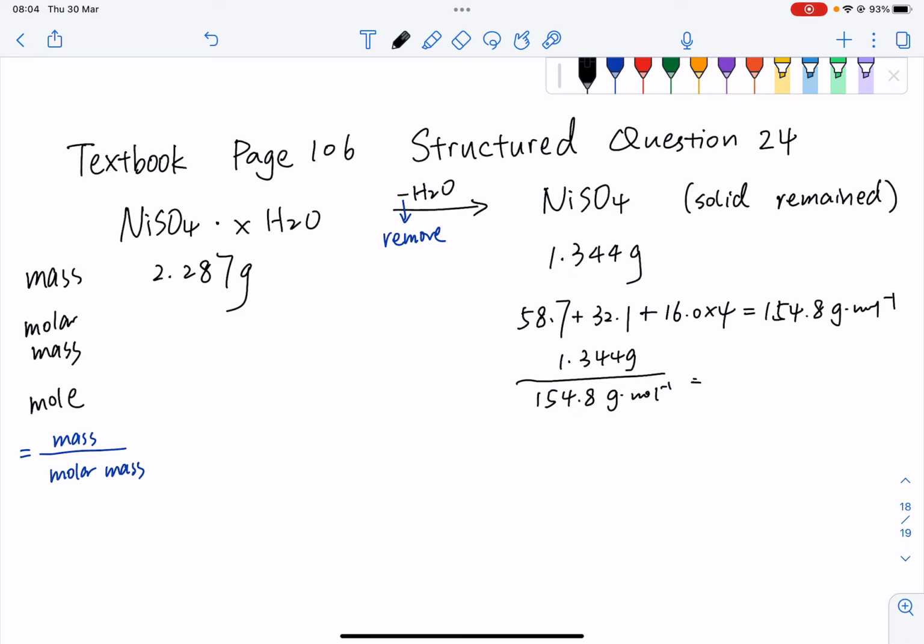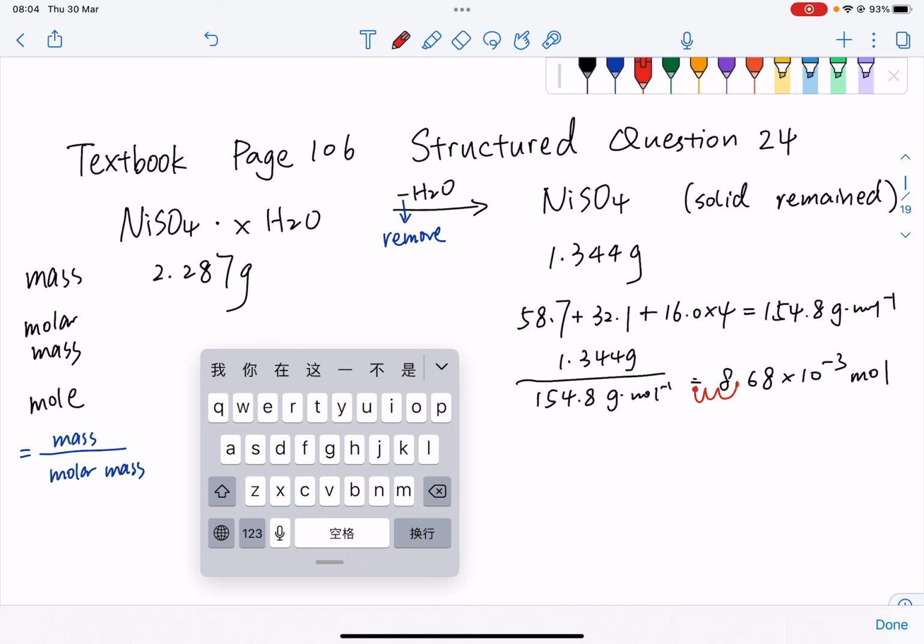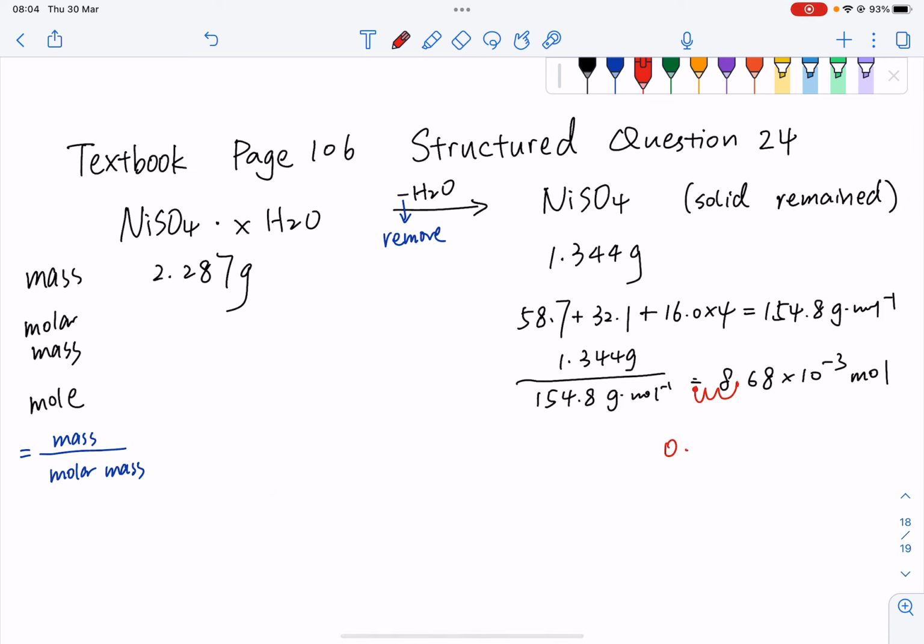The answer should be 8.68 times 10 to the power of -3. Let me write a unit first. It says -3, right? So we move the decimal to the left by 3. The dot will be here, then this will be 0.00868 mole.